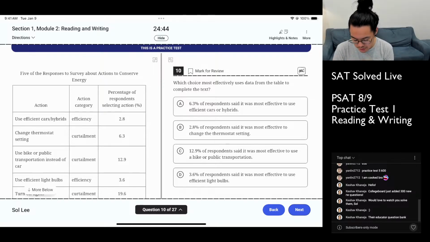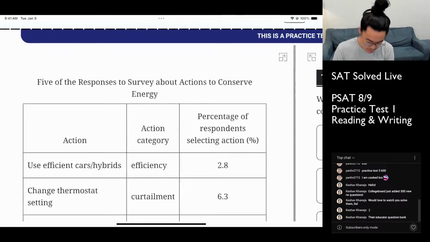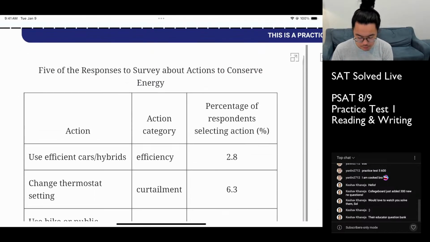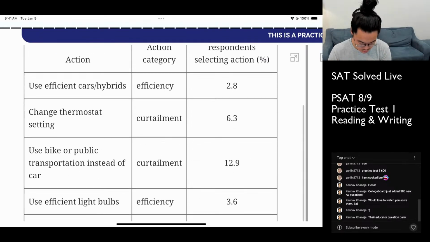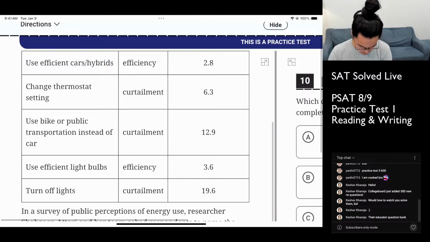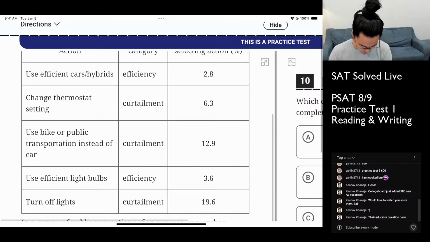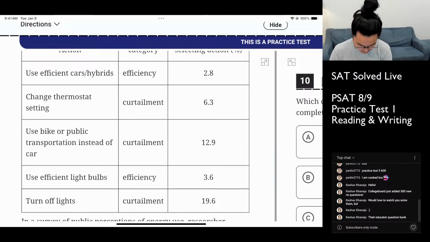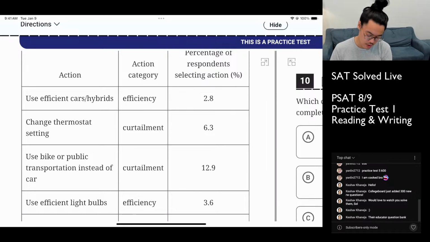Which choice most effectively uses data from the table? All right, I just read that out loud because I'm on autopilot right now and brain's kind of half switched off. Let's keep going. 5 of the responses to a survey about actions to conserve energy. So, most people turn off lights and use bike or public transportation. Very few people change their products. Okay.